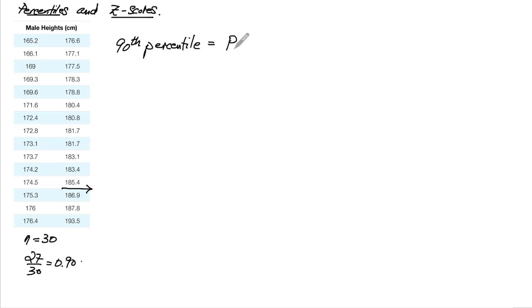We denote percentiles as P with a subscript corresponding to the percentile value. And if P0.90 was 186 centimeters, we can say that 90% of the males in our sample will have heights that are less than 186 centimeters.